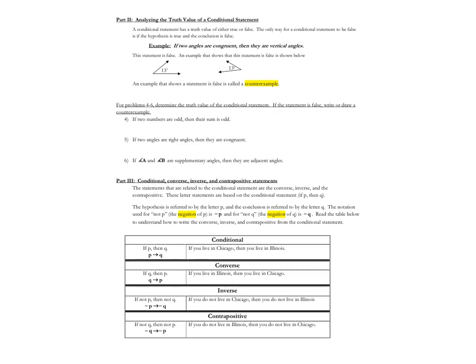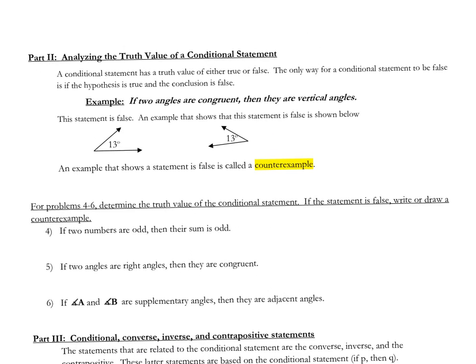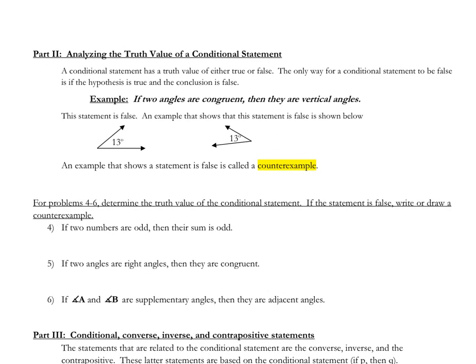Now, sometimes you can take a statement and make an if-then statement out of it, but it doesn't mean that it's true, okay? The only way a conditional statement can be false, though, is if the hypothesis is true and the conclusion is false. So let's go ahead and highlight that. Okay.